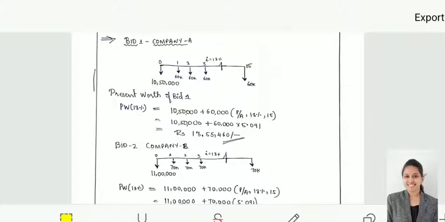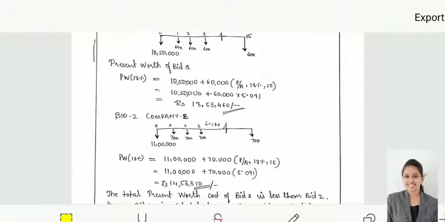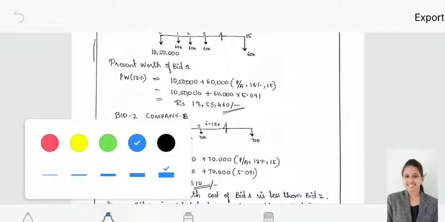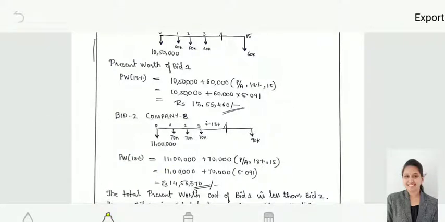So how are we going to do this? First, draw the cash flow diagram. After drawing the cash flow diagram, it goes as below. For the present worth at 18%, 10,50,000 is the present investment amount, right?